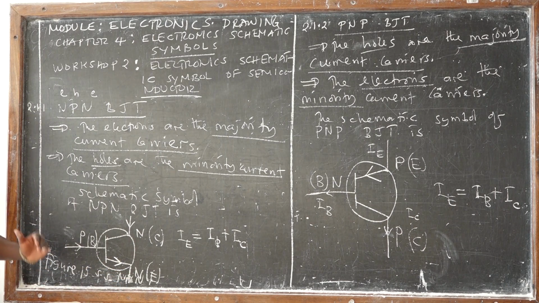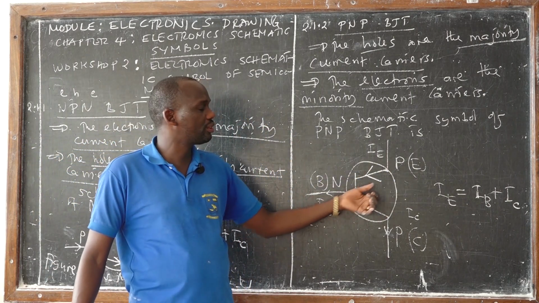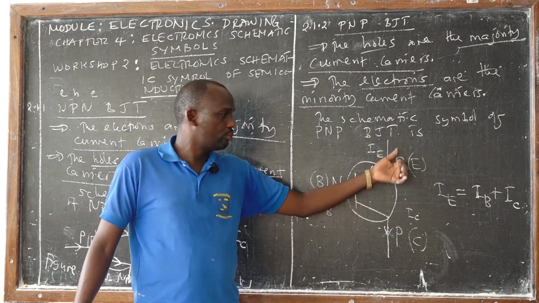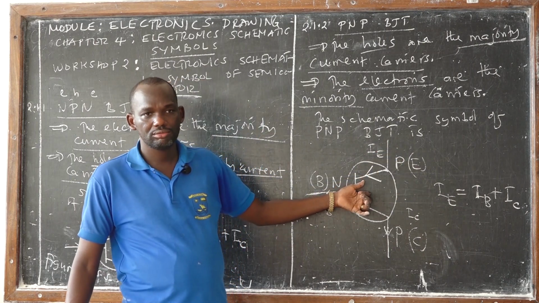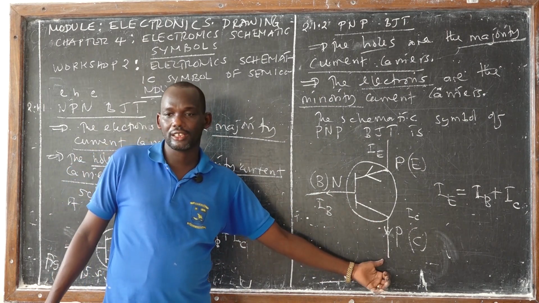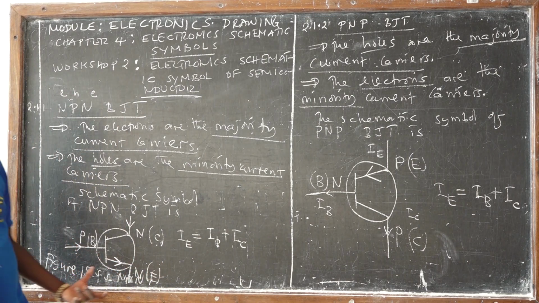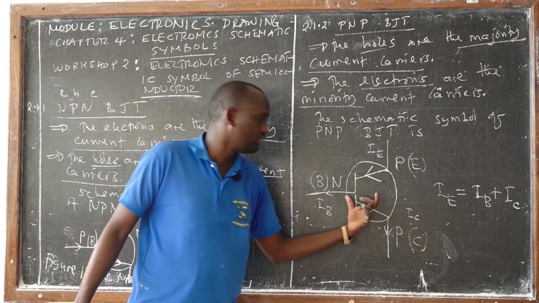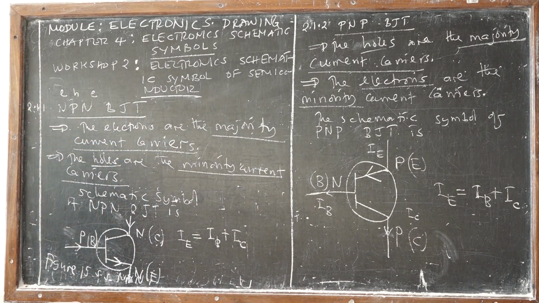Tell your neighbor, stop writing, stop drawing. Listen and watch. In case of PNP transistor, the currents enter the transistor through the emitter terminal, right? And then leave the transistor through the base and through the collector. So this mathematical equation holds for this type of bipolar junction transistor.